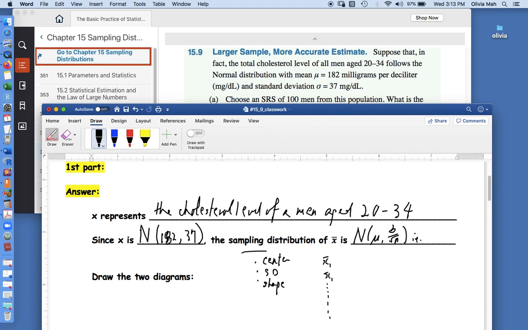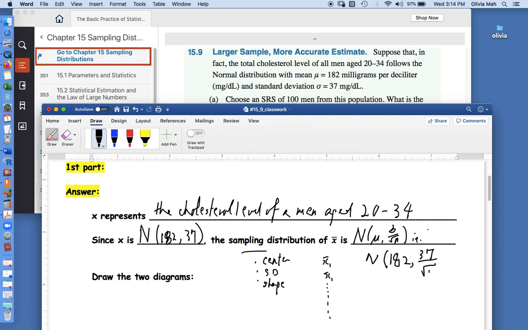That is, mu is 182, sigma is 37, divided by the square root of n. What is the sample size? We are only asked to draw one sample, but when we are asked about the sampling distribution, we imagine we take many samples of the same size, size 100.